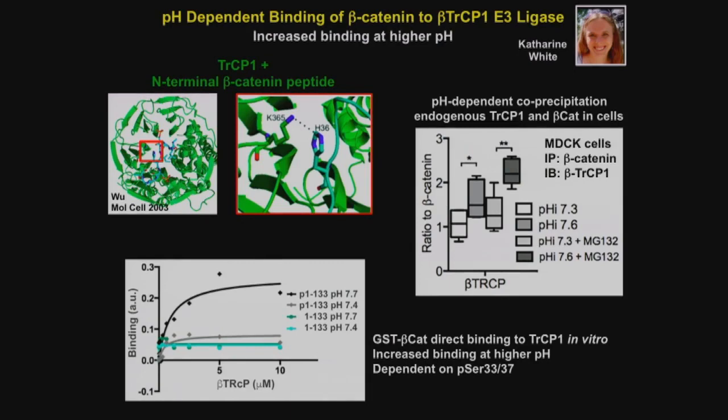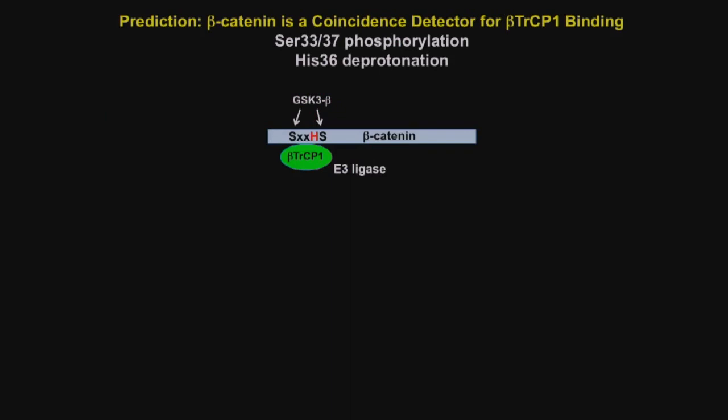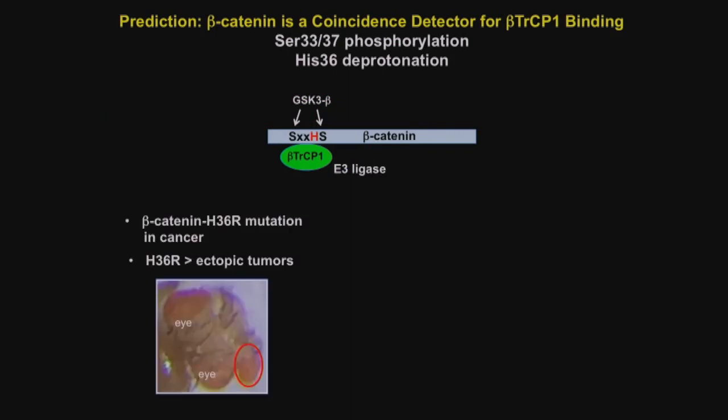So it really sort of hones in on the prediction that beta-catenin, like cofilin, might be a coincidence detector, requiring both phosphorylation of the serines as well as deprotonation of the histidine.